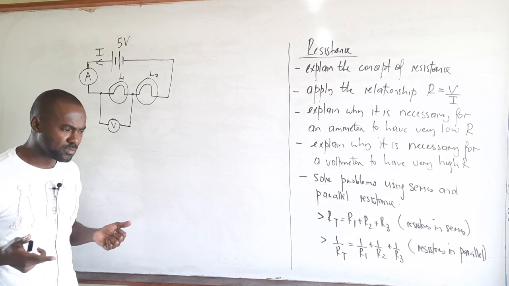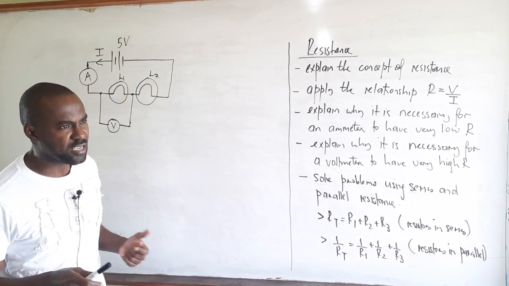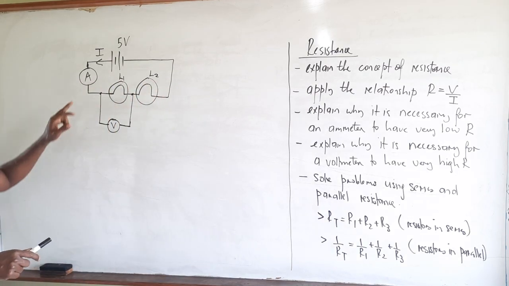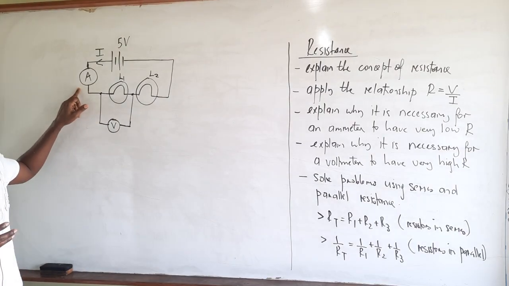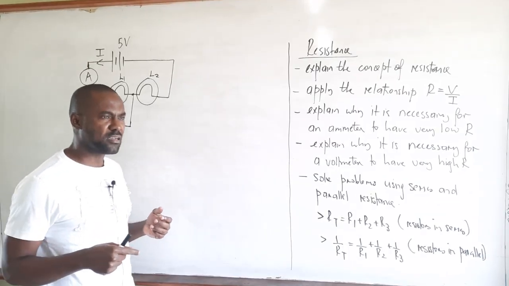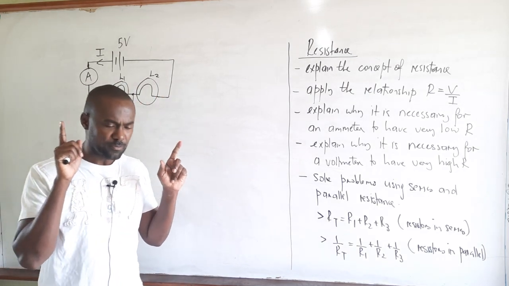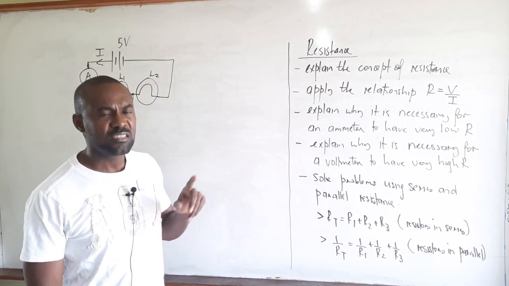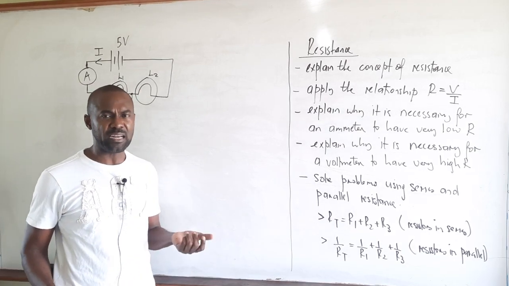So for this reason, because we want to display the exact current flowing in the circuit, ammeters must have very low resistance. Otherwise, they will not give us the true current flowing in the circuit, right? In theory, when we speak about an ideal ammeter, we talk about one which has zero resistance. But of course, in practice, ammeters are never ideal.